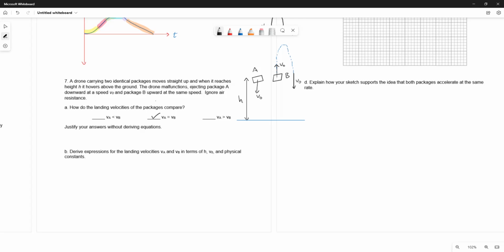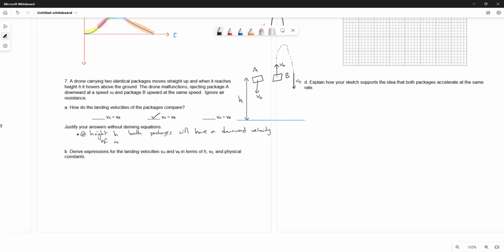And if you want to describe this, at height h, both packages will have a downward velocity of v naught, right?